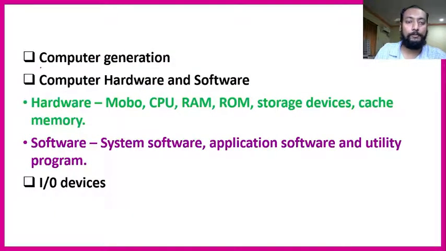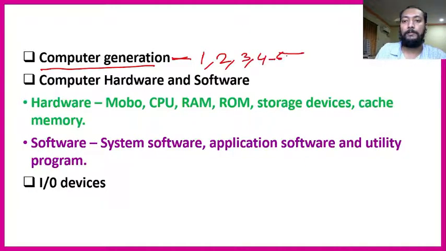Here we need to go for a little understanding of the computer and its generations. For example, the evolution of computers: first generation, second, third, fourth or fifth also. Recently the 6th and 7th generations are starting, but in authentic books it's available as first to fifth. So you should look only at 1 to 5, not 6 and 7.